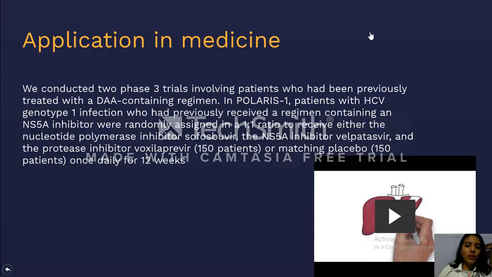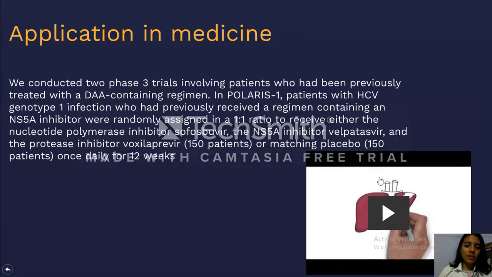In POLARIS, patients with HCV genotype 1 infection who had previously received a regimen containing an NS5A inhibitor were randomly assigned in a 1:1 ratio to receive either the nucleotide polymerase inhibitor Sofosbuvir, the NS5A inhibitor Velpatasvir, and the protease inhibitor Voxilaprevir, or matching placebo, 115 patients each, once daily for 12 weeks.